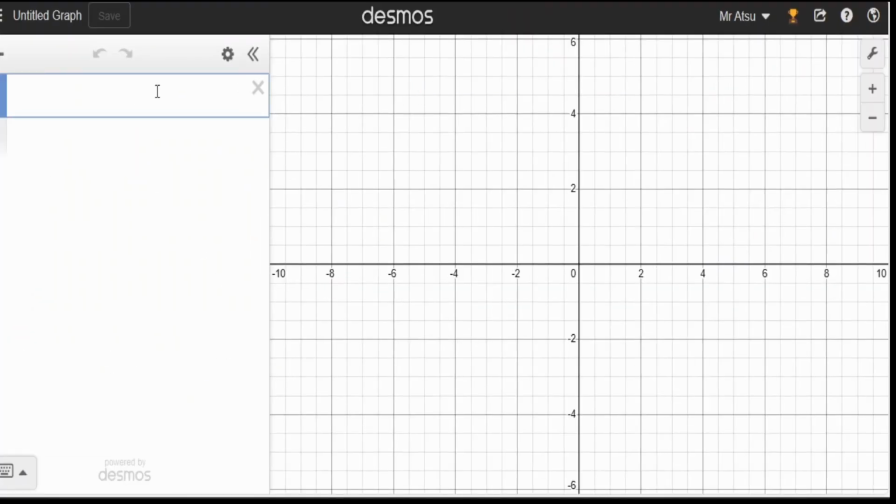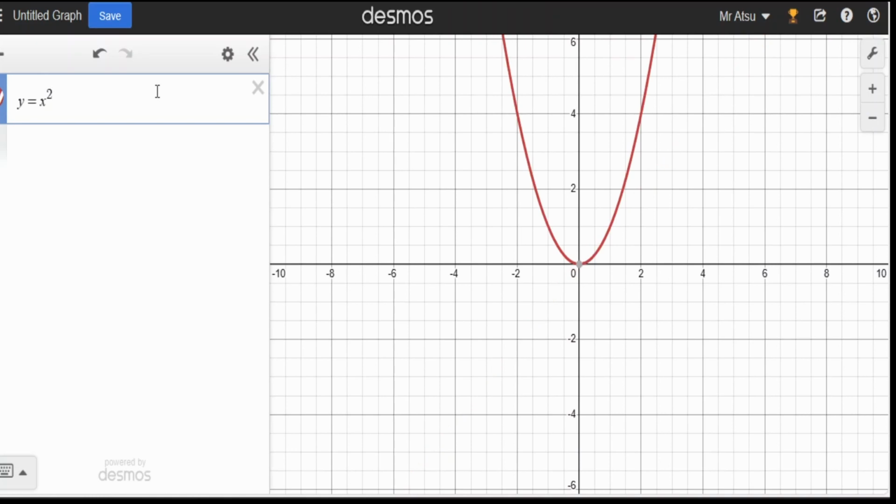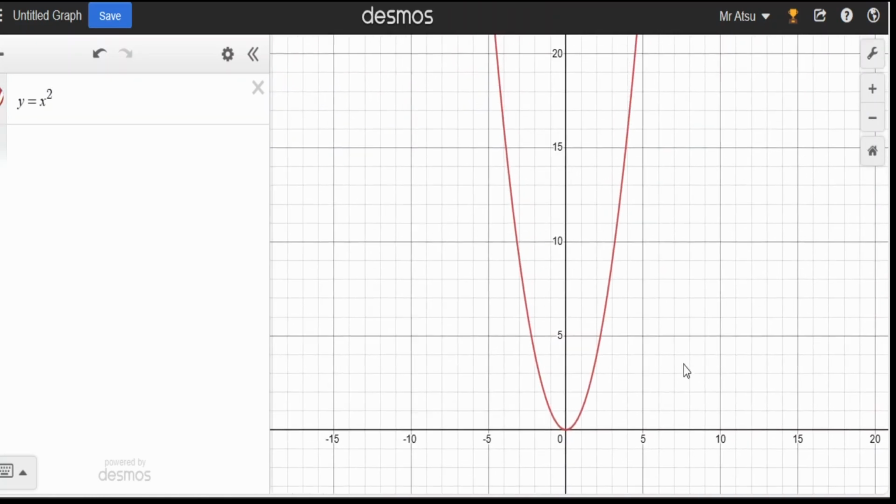I'll first start by typing the parent function y equals x squared. So this is how the parent quadratic function looks. It has a vertex with coordinates 0, 0, and the anchor points are 1 and 1, 2 and 4, 3 and 9, 4 and 16, 5 and 25, and so on, because for every value of x, y will be x squared.